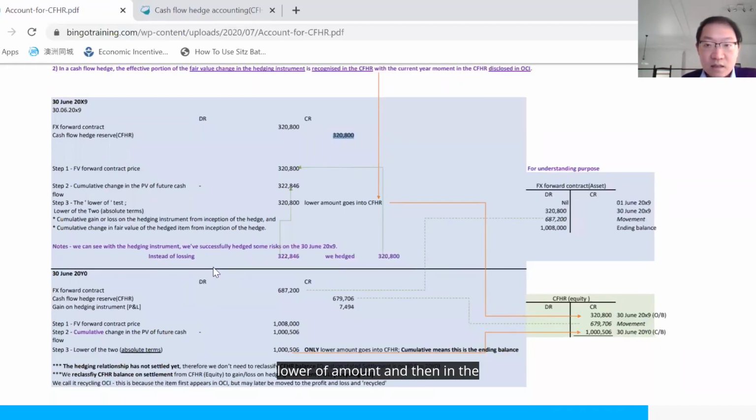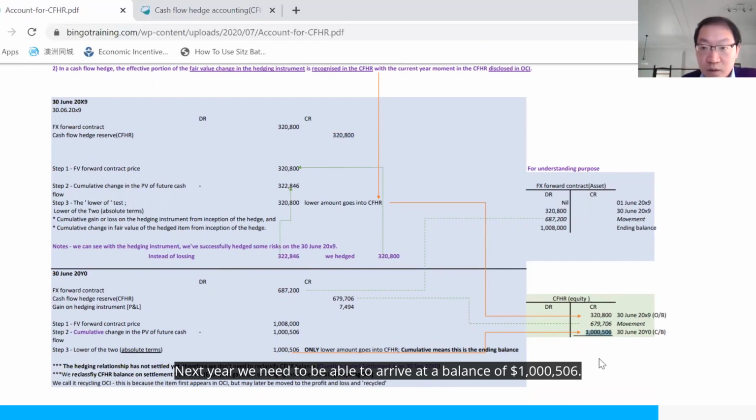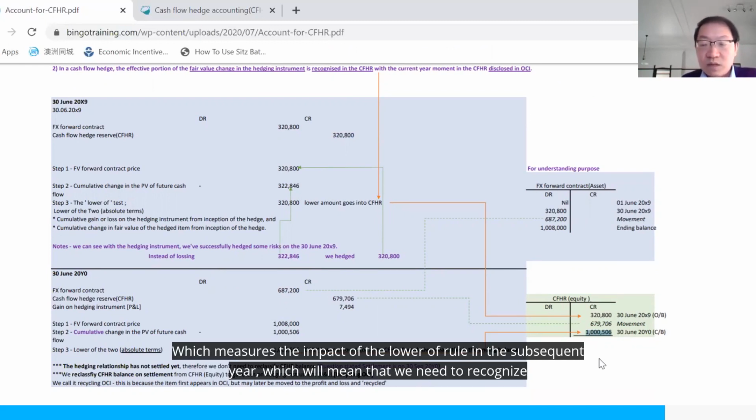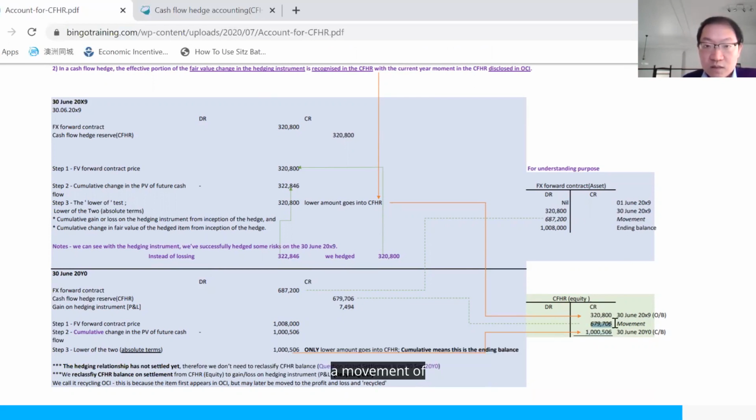And then in the next year, we need to arrive at a balance of $1,506,000, which measures the impact of the lower of rule in the subsequent year, which means that we need to recognize a movement of $679,706 into our cash flow hedge reserve.